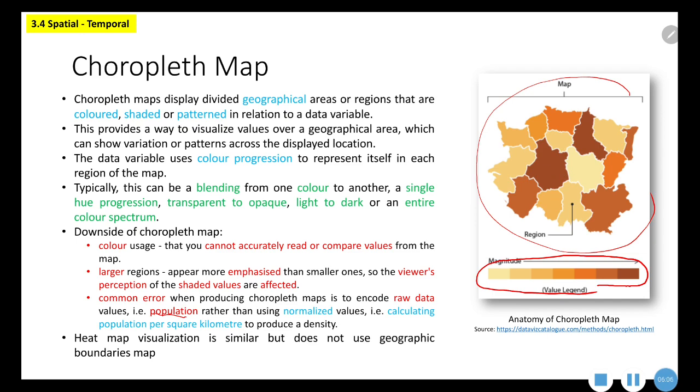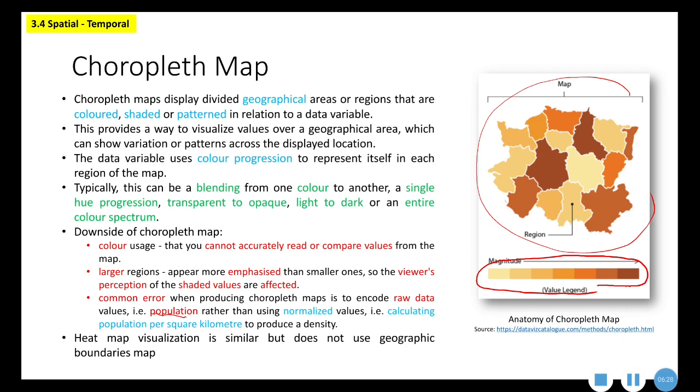So it is more accurate to plot the data based on calculation of population per square kilometer, so that it will be fairly distributed across the region.